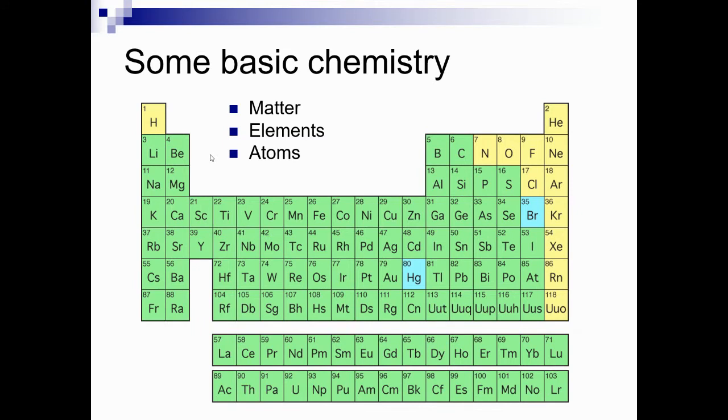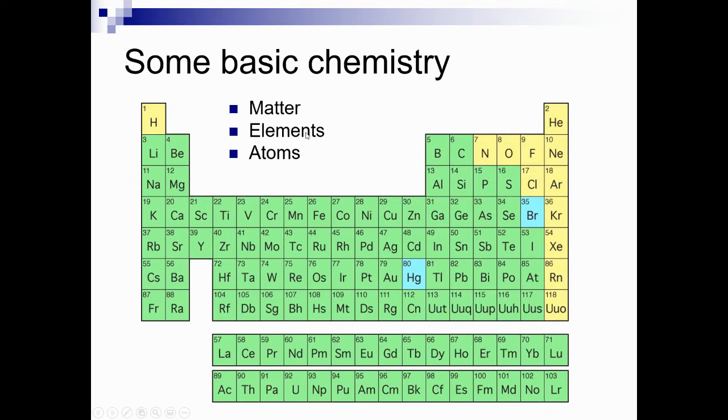Matter is anything that takes up space. So it has mass and it takes up space. Everything on this table has mass and takes up space. All matter is made of elements, which are these: hydrogen, helium, lithium, and on through all of these.